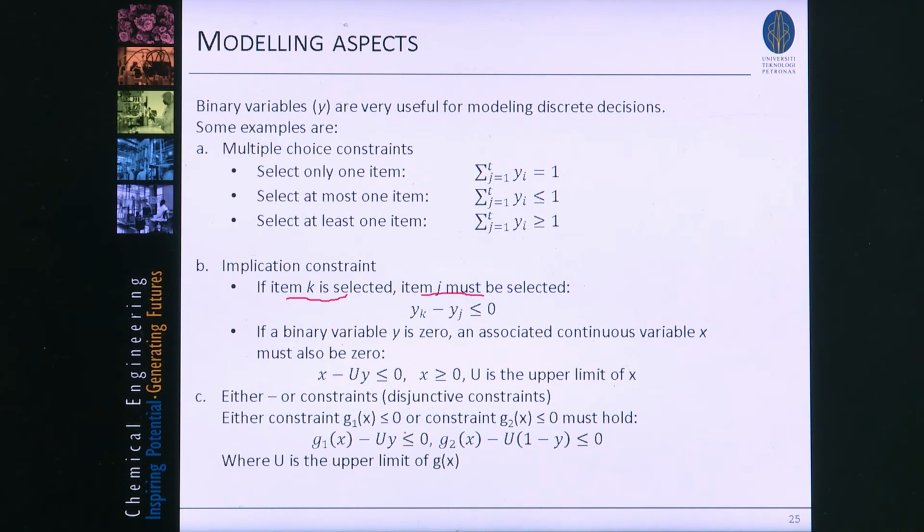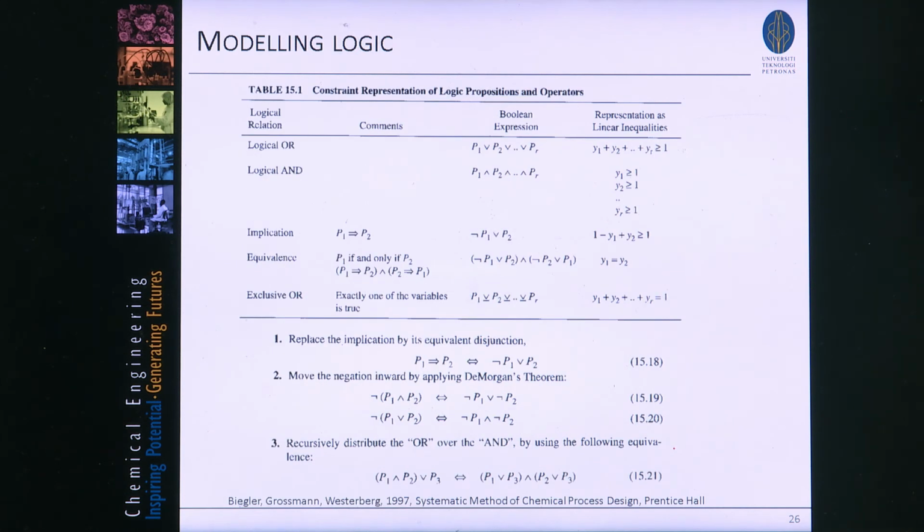If J1 is not going to be used, that means y becomes 0. And then the corresponding constraint is J2 minus u times (1 minus y). I think you can see this in Biegler's book. I just put an excerpt from this book, which is very important and very useful.